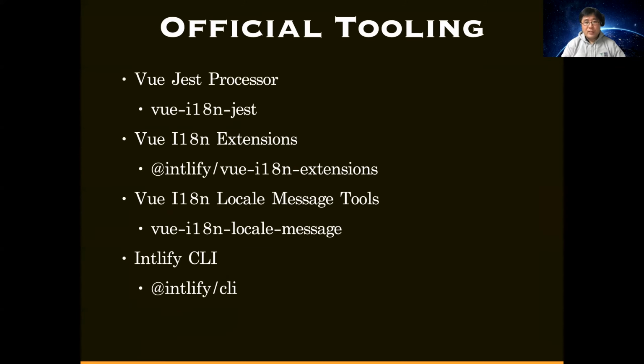Vue I18n extensions extend the Vue I18n functionality. Vue I18n locale message is a tool for managing Vue I18n locale messages. Vue I18n provides tools to help you support I18n in your project.